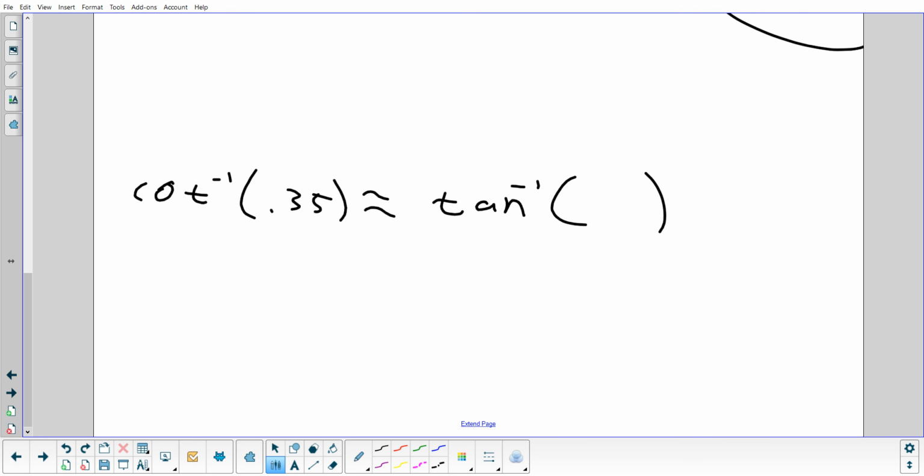It's the same way we changed the last two. Gene? 1 over 0.35. So the only time you have to change the trig function is if they ask you to do one you don't have a button for.